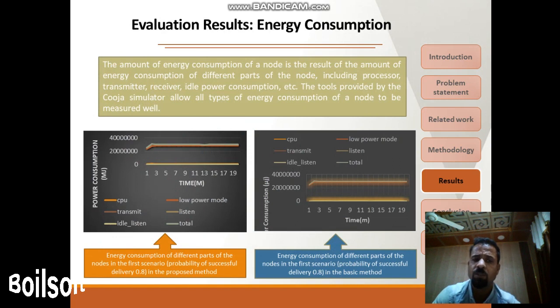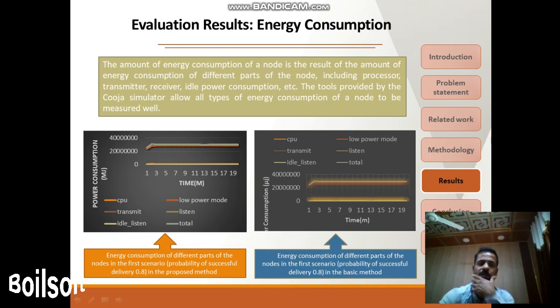Energy consumption. The amount of energy consumption of a node is the result of the energy consumption of different parts of the node: processing, transmitting, receiving, and idle power consumption.